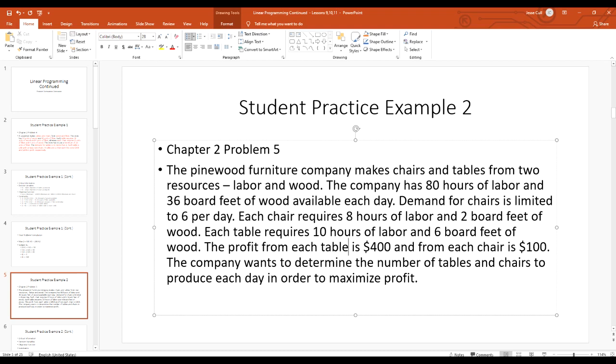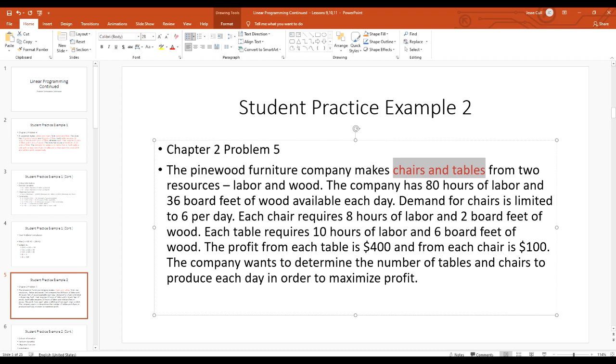to maximize profit. So once again, we're in a situation where we have to review the question carefully and highlight key information. The Pinewood Furniture Company makes chairs and tables. So as we talked about in the previous section, chairs and tables will most likely be our decision variables.